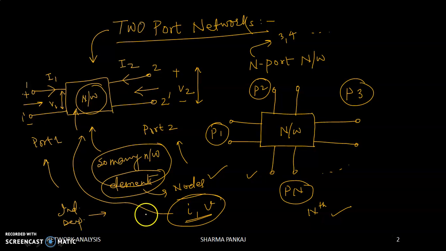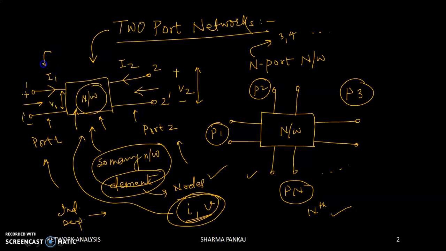But as far as a two-port network is concerned, the current and voltage inside this rectangular box is not so important, because we are emphasizing the current and voltage defined at port number 1 and the current and voltage defined at port number 2.